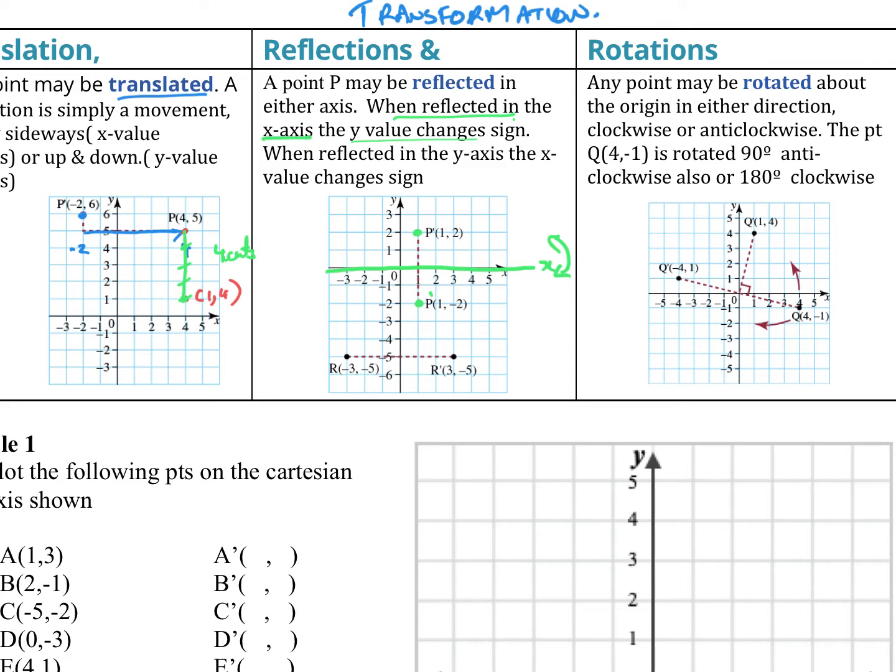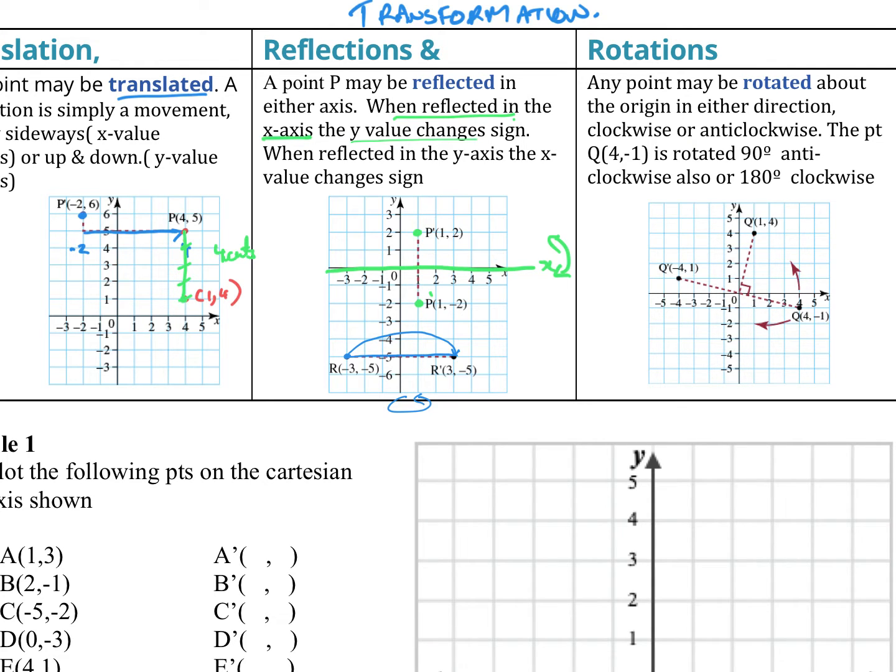If I'm going to reflect in the y-axis, it's about the y-axis, so I'm reflecting horizontally, we'd say. I'm at the point (-3, -5), and that point's reflected over to (3, -5).